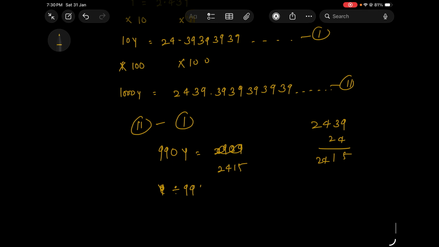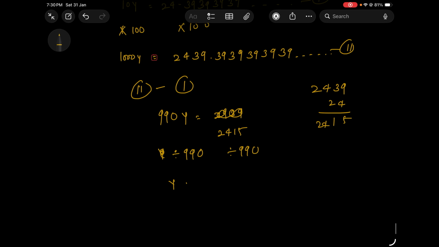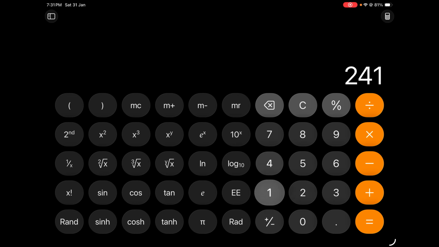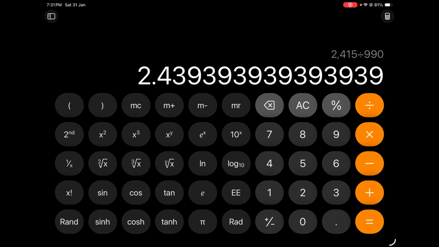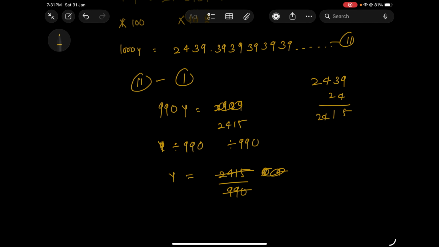Therefore we divide both sides by 990. We remain with y is equal to 2415 upon 990. 2415 divided by 990 gives 2.439393939. Hence proved, our equation is correct.